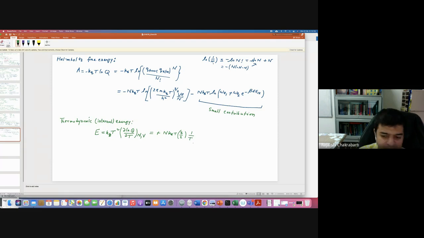This was done in the last class. Plus, you'll have contribution coming from the electronic part, which we did not do in the last class. What is the contribution from the electronic part? Of course, let me write down N kB T square should be there. Sorry, this one is 2T square. Then this is the electronic partition function. You remember? Let me write down here again.